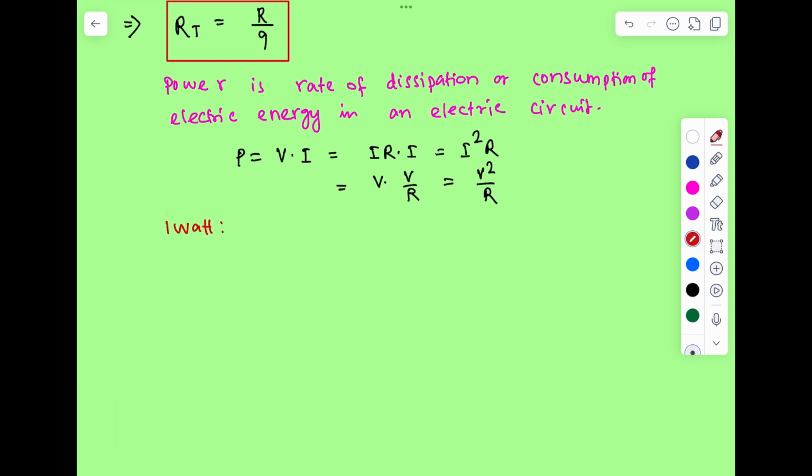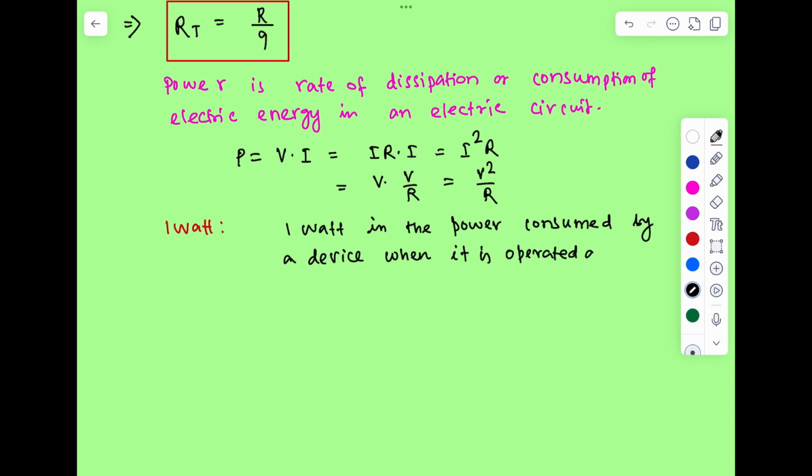What is 1 watt? 1 watt is the electric power, is the power consumed by a device when it is operated at 1 volt potential difference and 1 ampere current is passing through it.